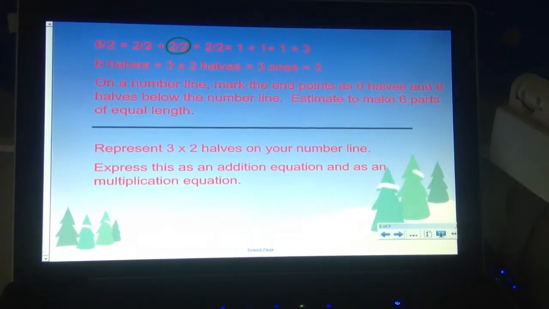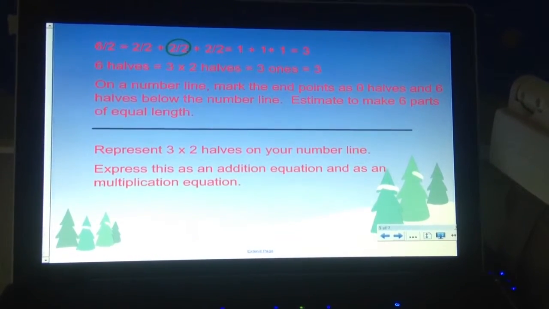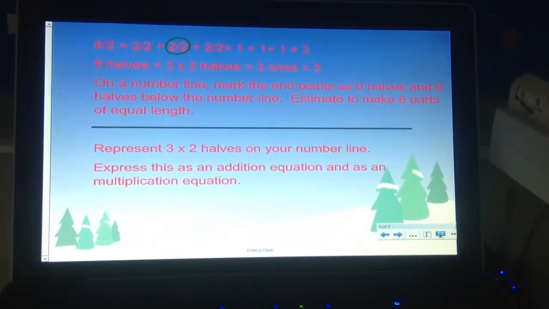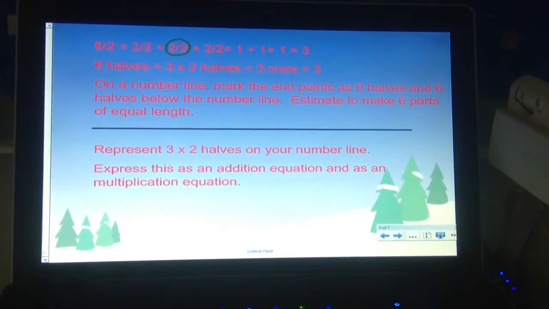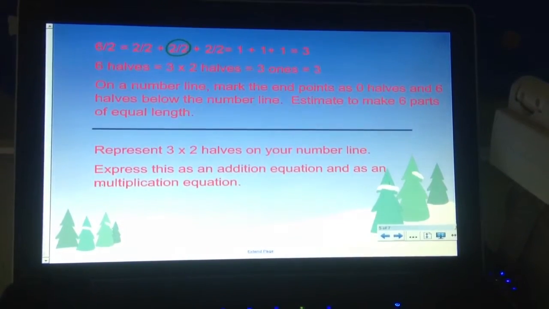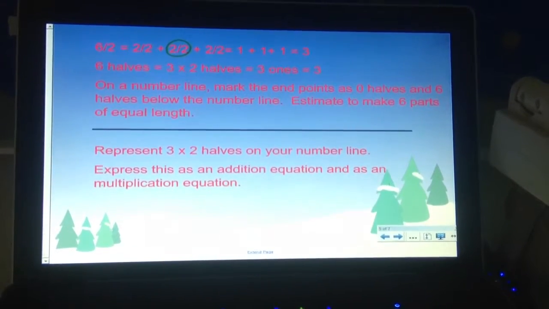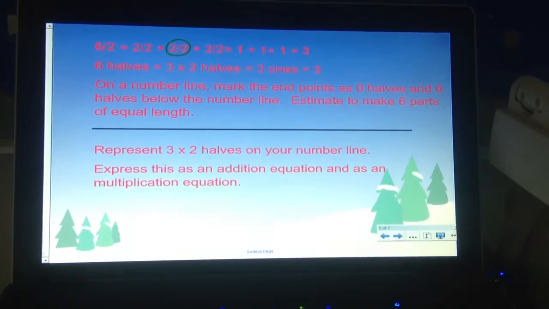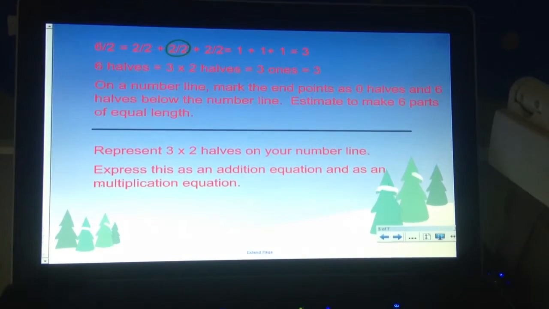So they're showing you that this would be equal to 1 plus 1 plus 1, which is equal to 3. So 6/2 is also equal to 3 times 2/2.